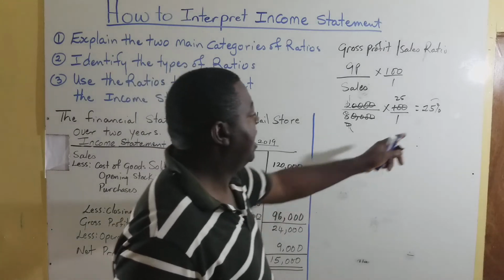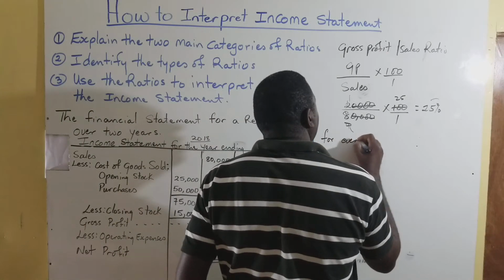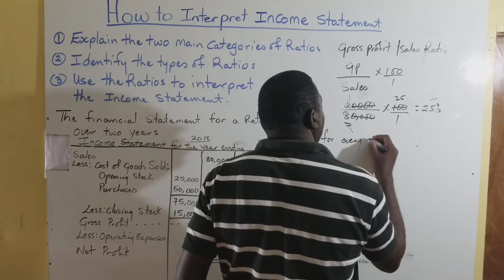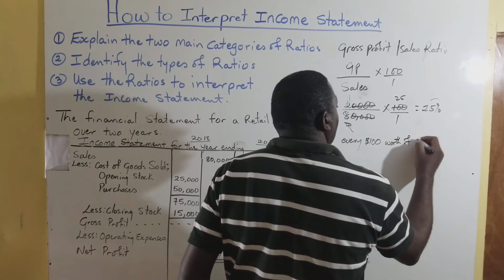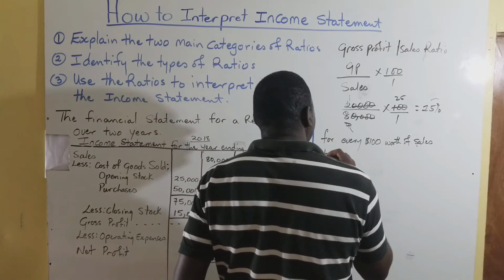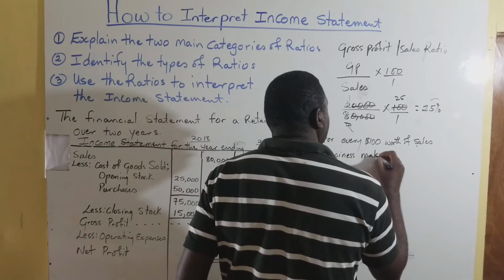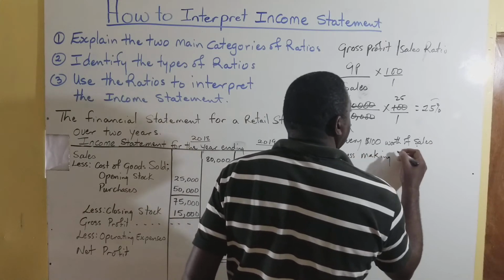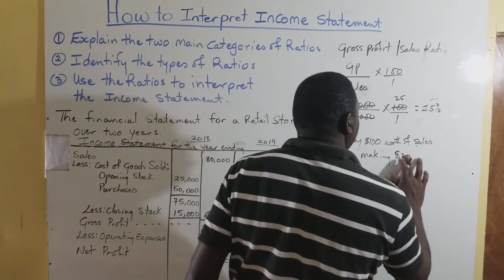And what this is saying is, for every $100 worth of sales, the business is making $25 as profit.